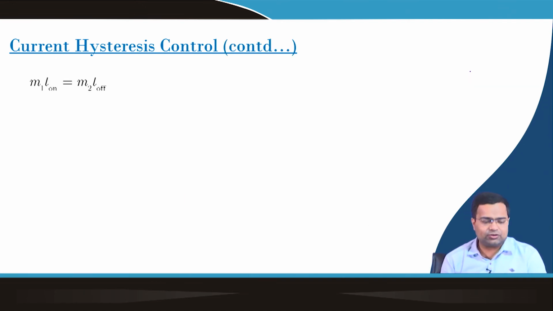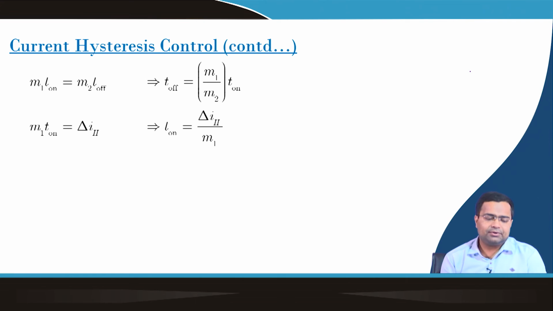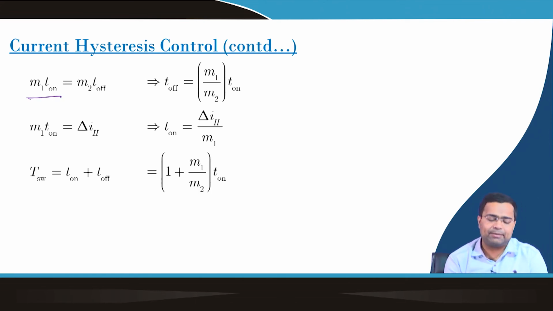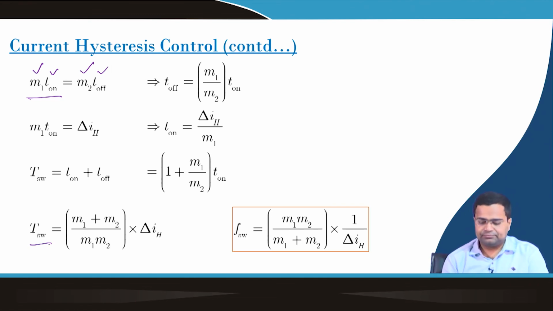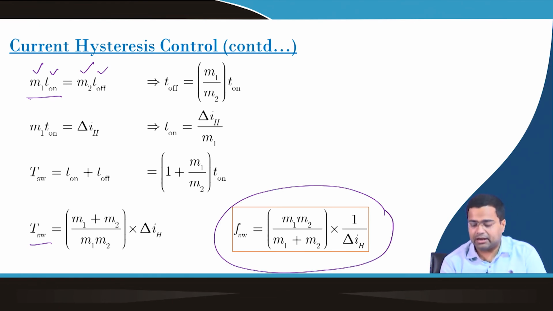So, for current hysteresis control we can derive the equations from the inductor current ripple. M1 is the rising slope of the inductor current, during the on time, and M2 is the falling slope, during the off time. We can derive the total time, and the frequency under current hysteresis control can be derived using this formula, where this is the hysteresis band.